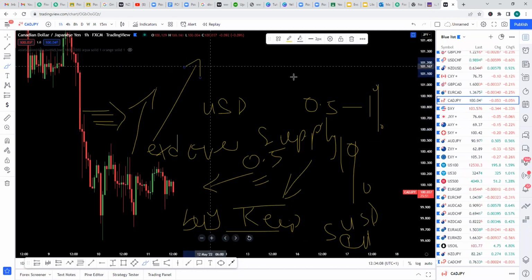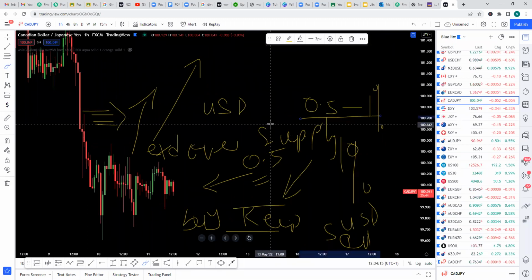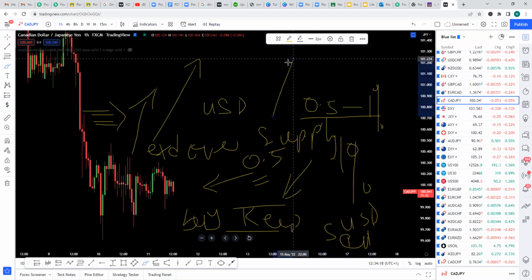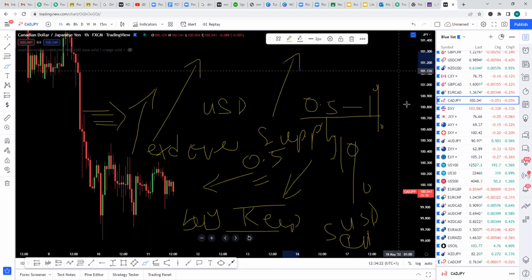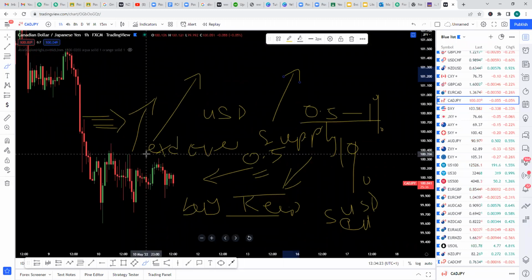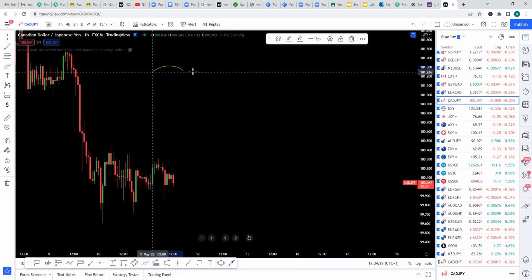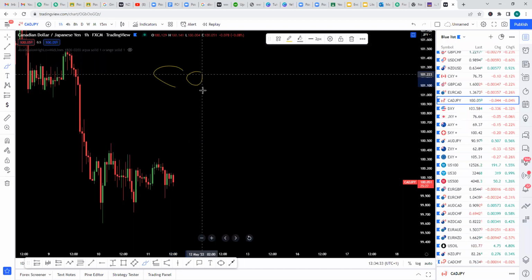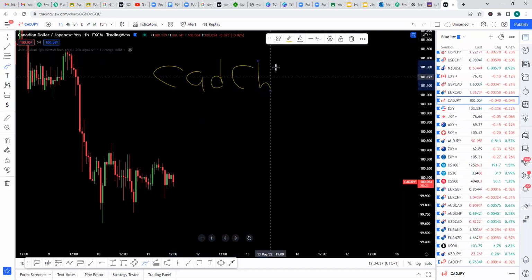This is the reason why, when a country increases interest rates, you should expect the value of that currency to go up. Can you see now? Okay. Now, to understand this perfectly, let's check with our example of CAD CHF.